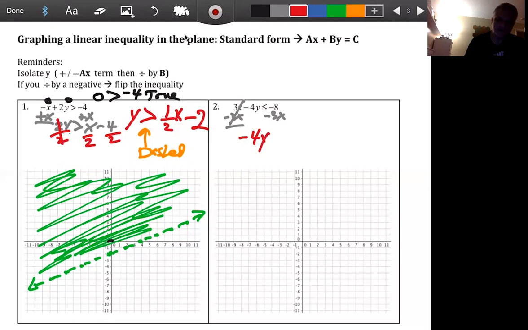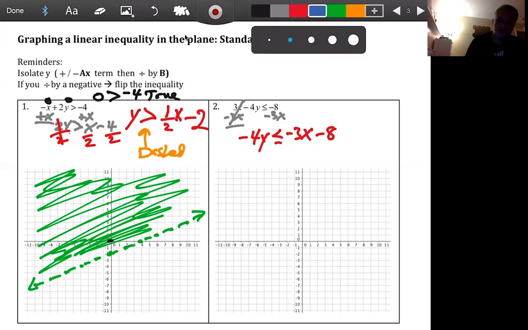All I did is subtract, so I'm not going to turn the symbol. -8 and then -3x. I want to put the x term first just because I really want mx plus b. So I'm going to put the -3x right here. And then there's a -8, so I'm going to put -8.